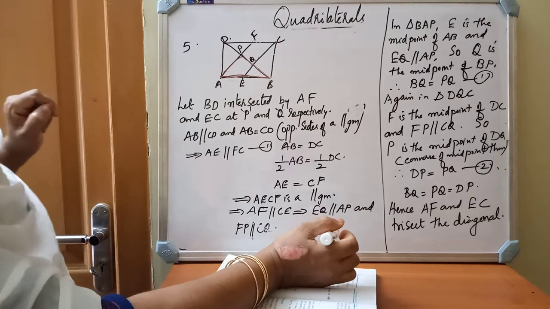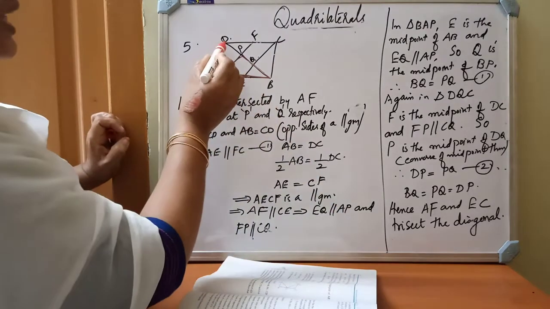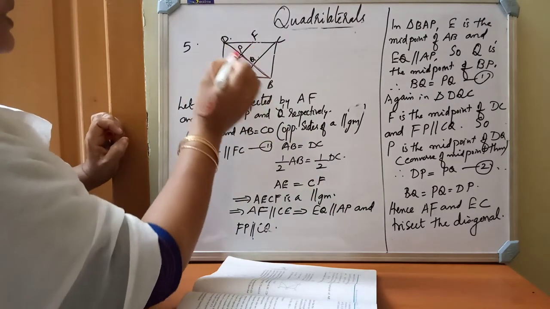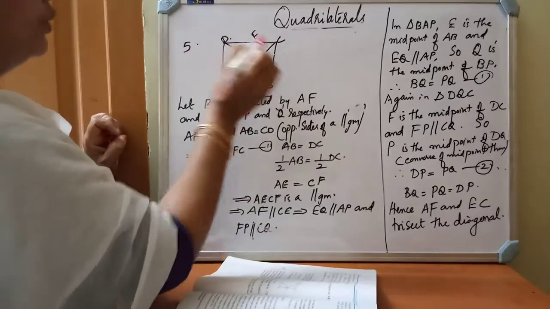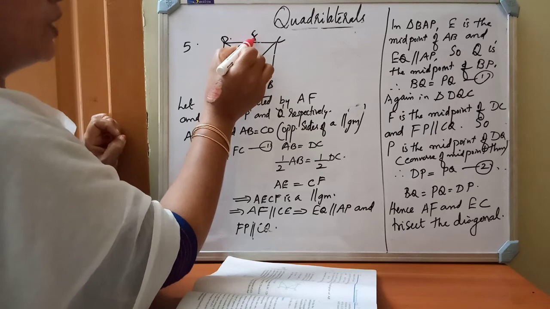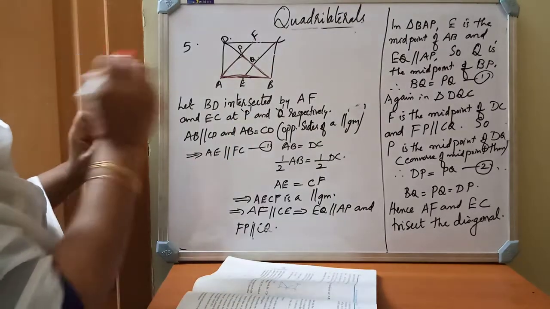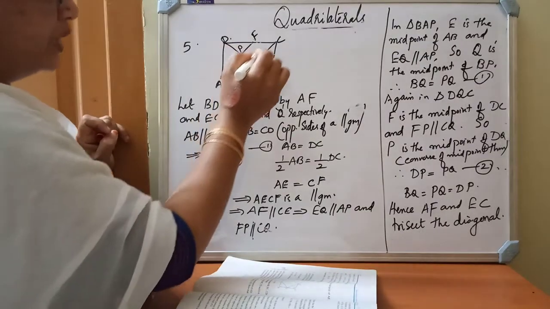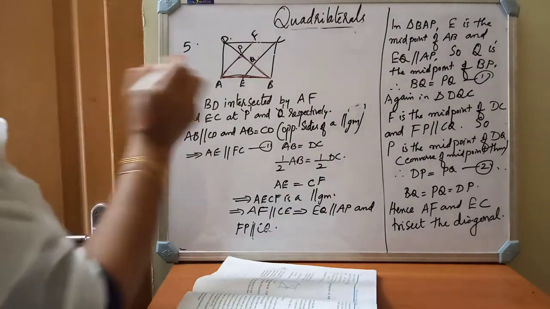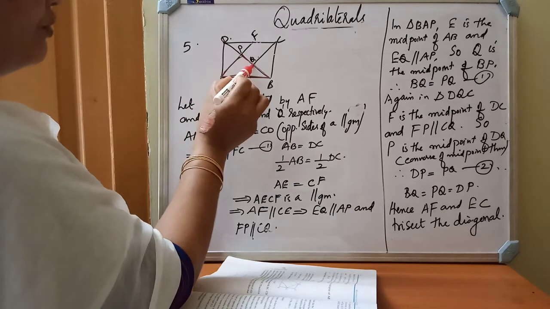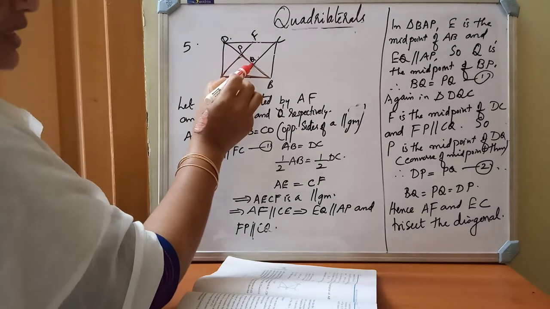Next, we are considering triangle DQC. In triangle DQC, F is the midpoint of DC, children, and PF is parallel to QC, we know that. So we can say that P is the midpoint of DQ. Isn't it?